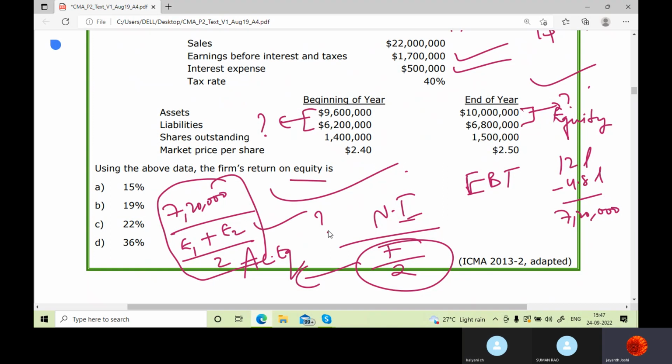7.2. Average is 1 lakh, sir. 34 lakhs minus 32 lakhs.